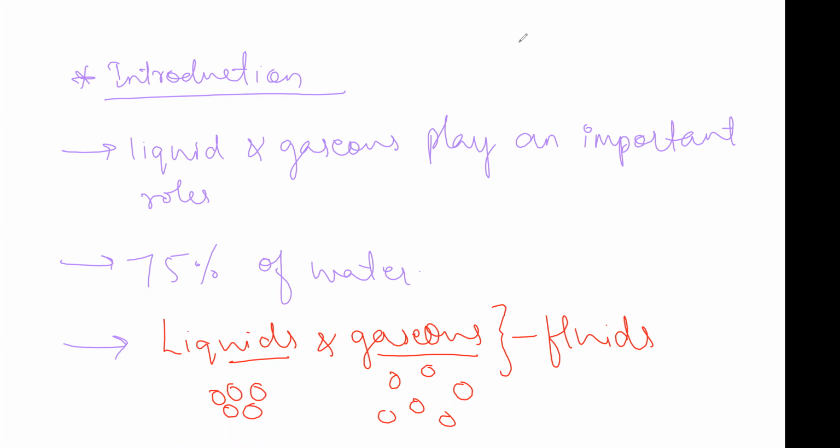You can quote water, milk, or any kind of oil as examples for liquid. Same thing, air and other gaseous substances are examples for gases. So liquids and gases together we are going to call fluids.